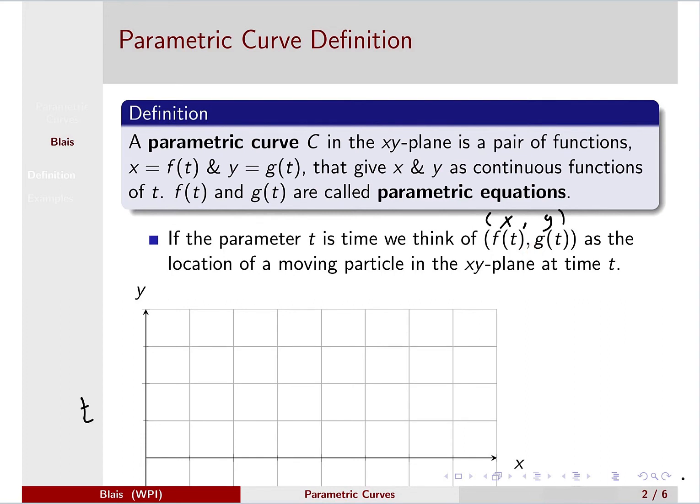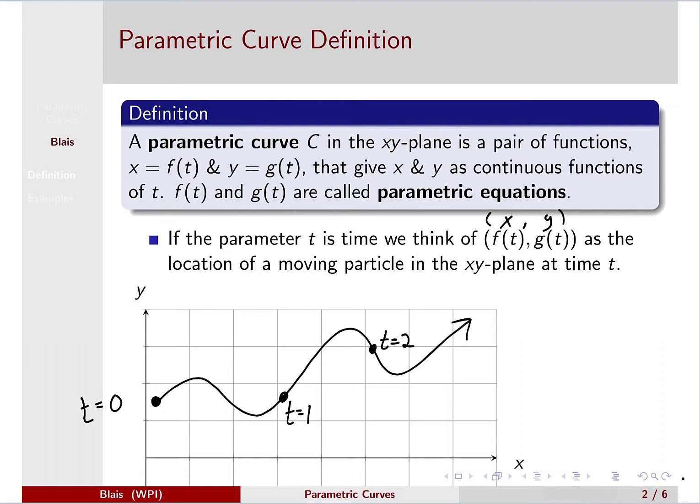So if we start out at t equals 0, say here, and as you run the clock, you have a particle moving in the plane, we might say it's here at time 1, it's here at time 2.